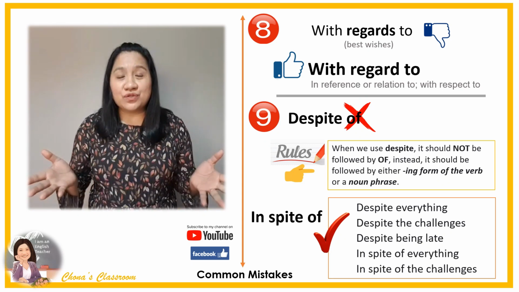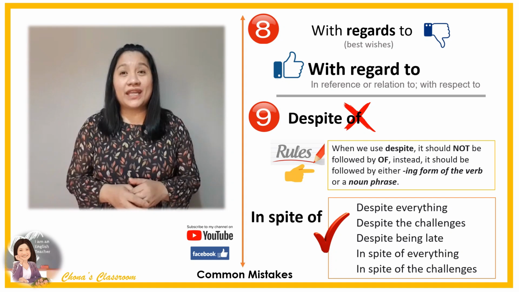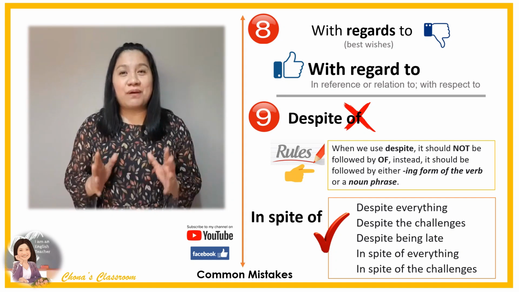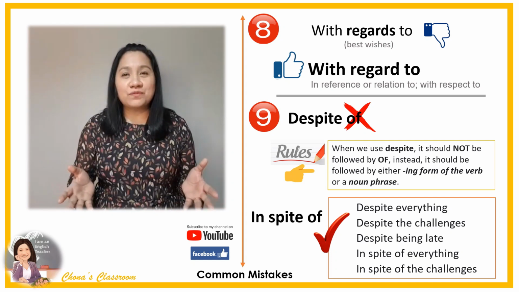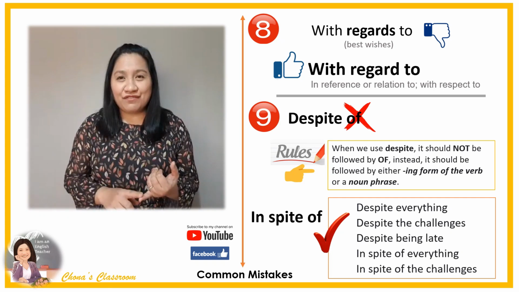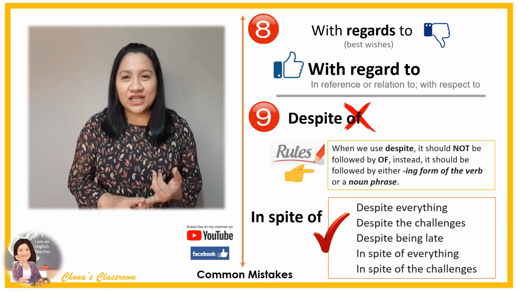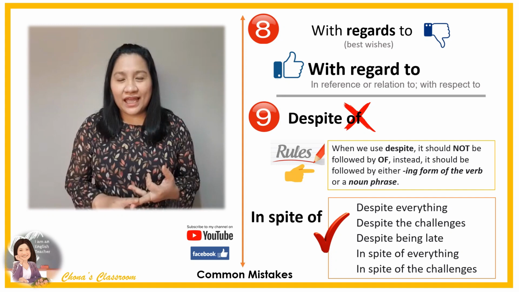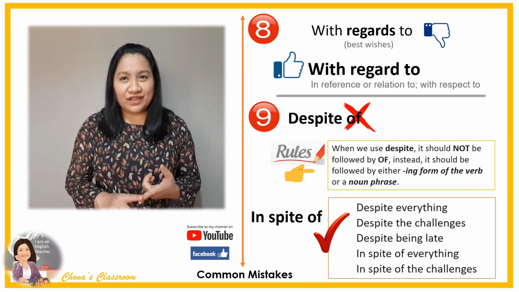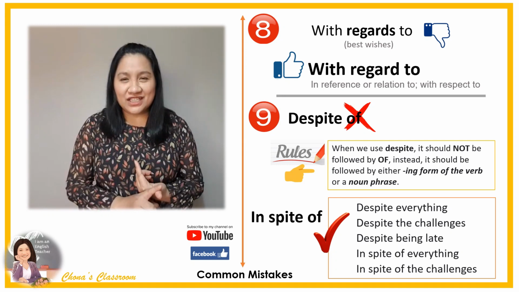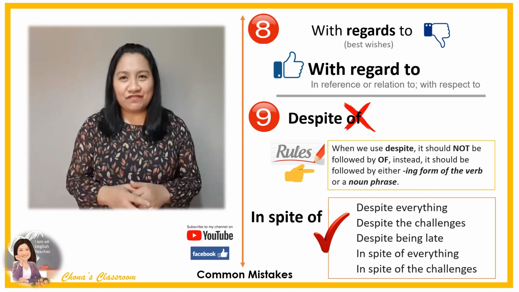So when do we use of? We use of with in spite. So in spite of. The correct forms are despite everything, despite the challenges, despite being late, in spite of everything, in spite of the challenges, or in spite of being late.